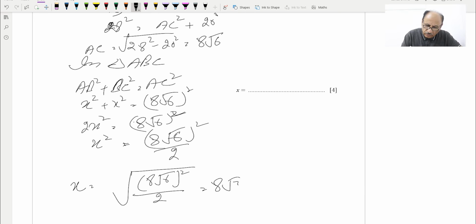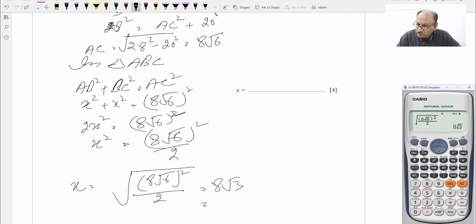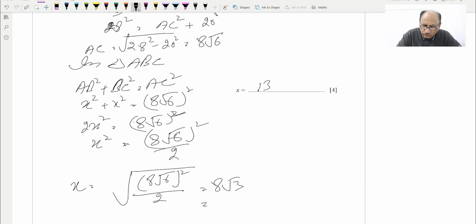The decimal value of 8 root 3 is 13.86, so 13.86 is the x value which we have calculated.